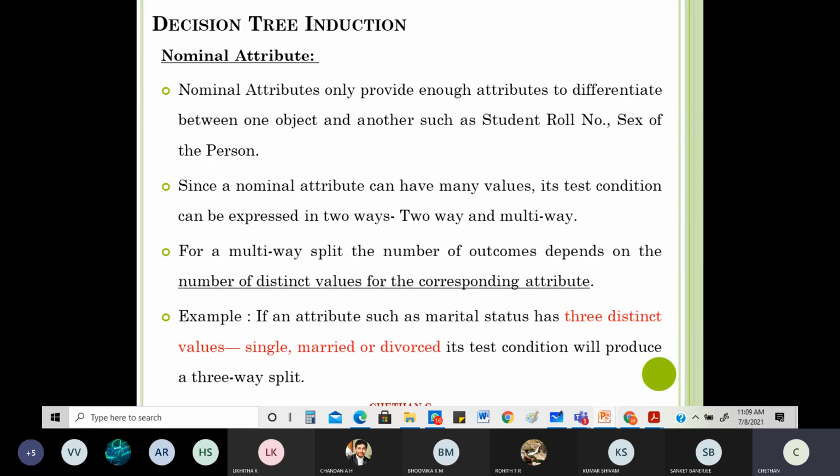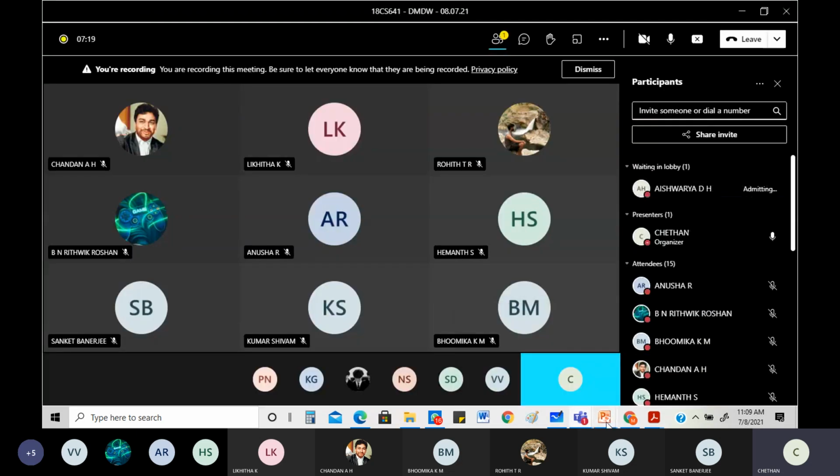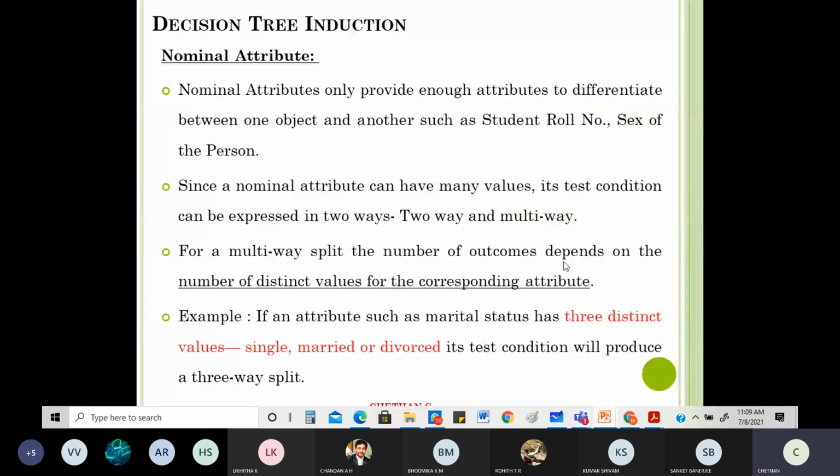Everything is varying. Those are known as your nominal attributes. Things to be kept in mind: since a nominal attribute can have many values, its test condition can be expressed in two ways. What are the two ways? A two-way split or a multi-way split.